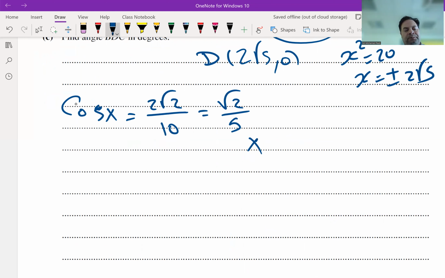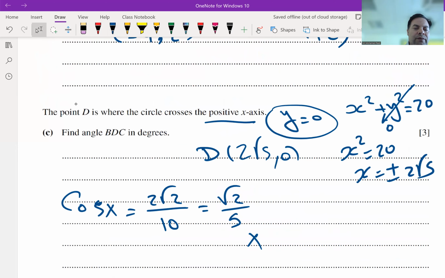Shift cosine of root 5 divided by 5 gives 63.4 degrees. Angle x is 63.4.